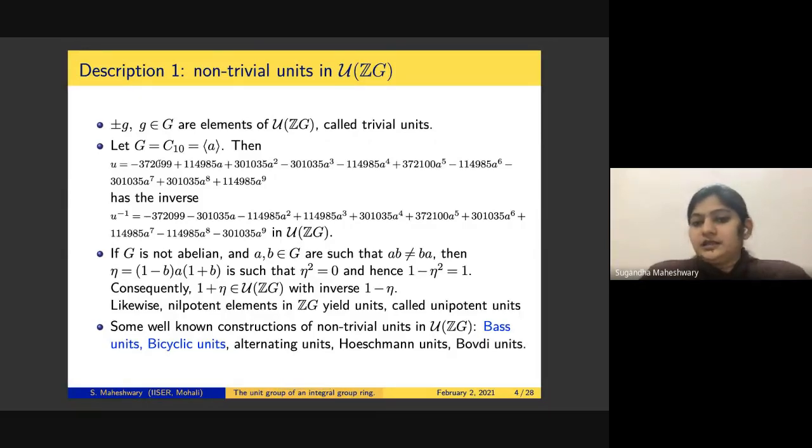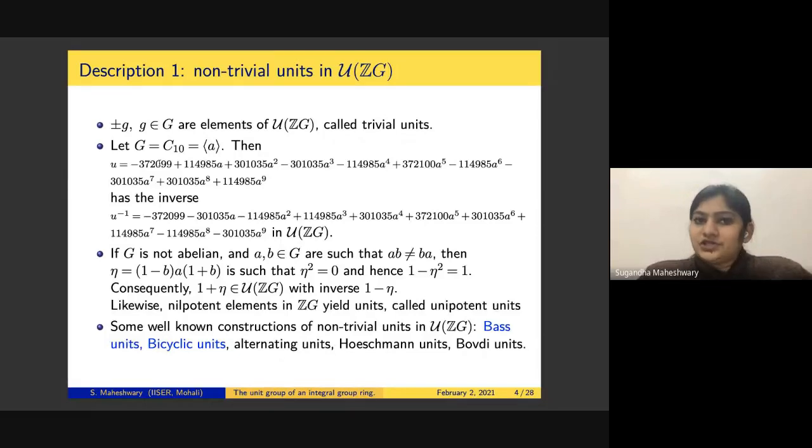And very recently, there have been the units called Bovdi units. These also come out of a combination of Bass units and bicyclic units. So more or less, it's Bass units and bicyclic units which play a very important role as far as non-trivial units are concerned in ZG for a finite group.